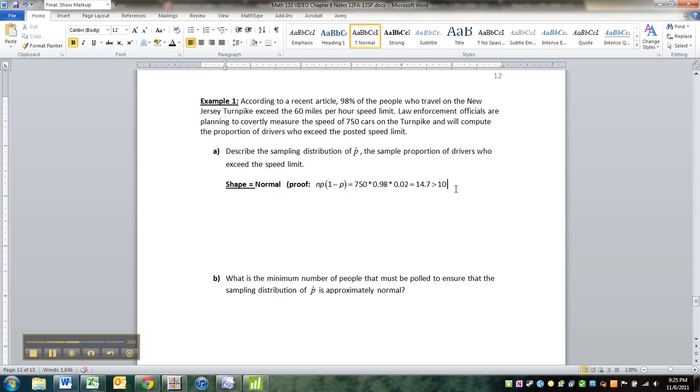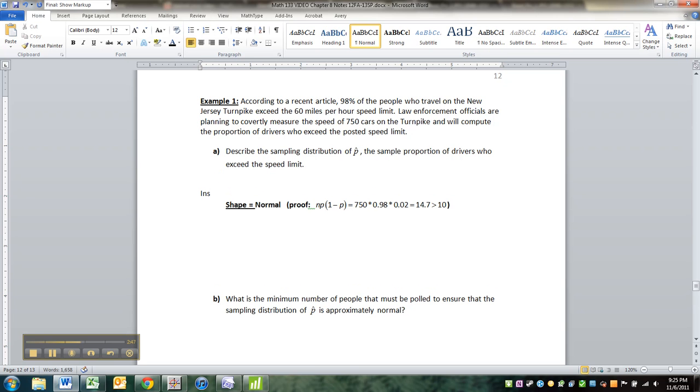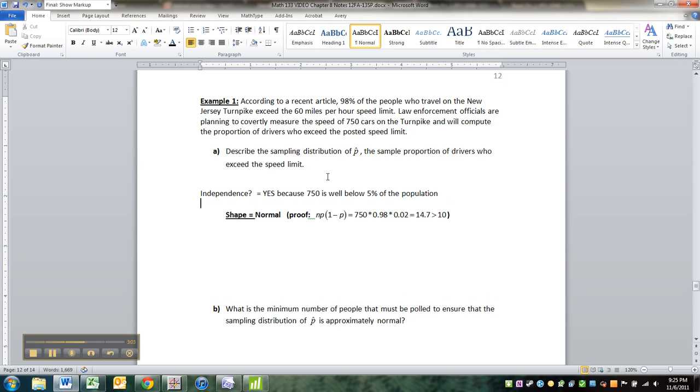Oh, and let's just talk for a second before we go any further about independence. Sure it is, because 750 is well below 5% of the population. Well, you say, how do you know that? They didn't give you the population. That's true, but we're talking about the New Jersey Turnpike here. New Jersey Turnpike flows right by New York City.